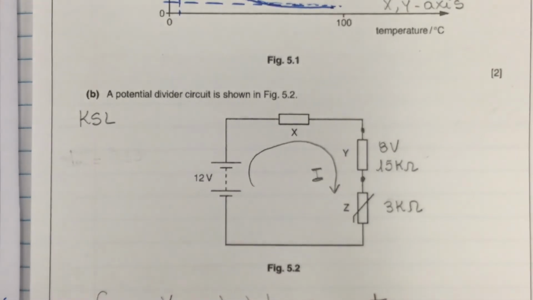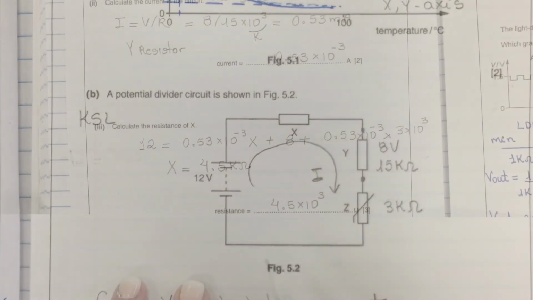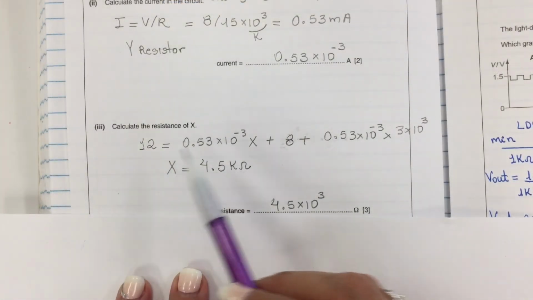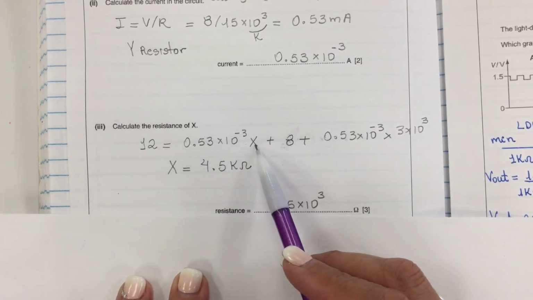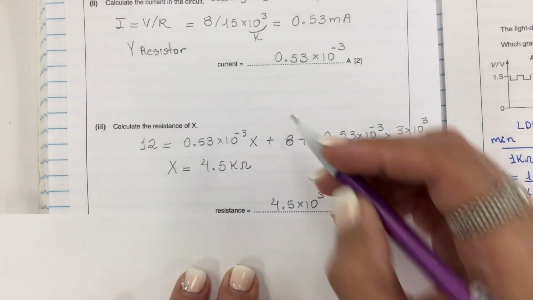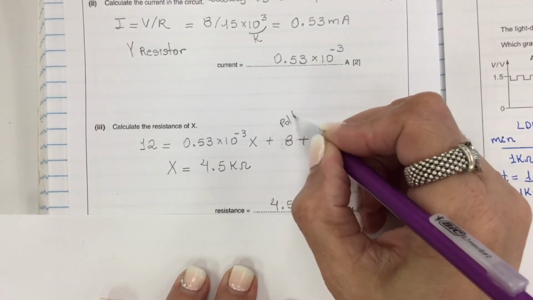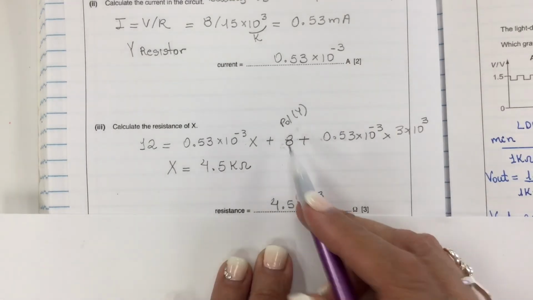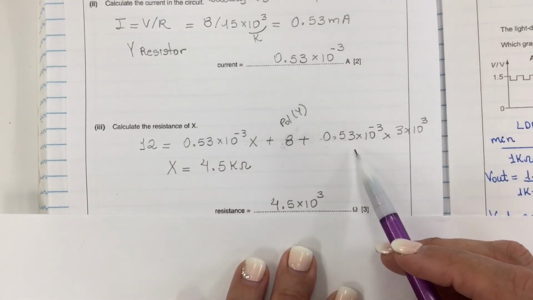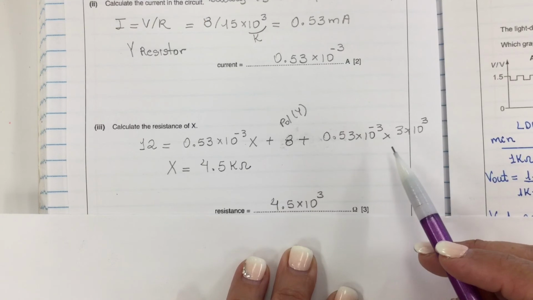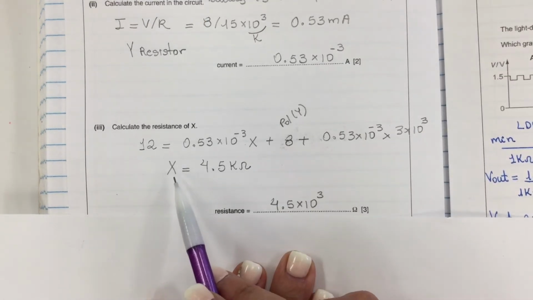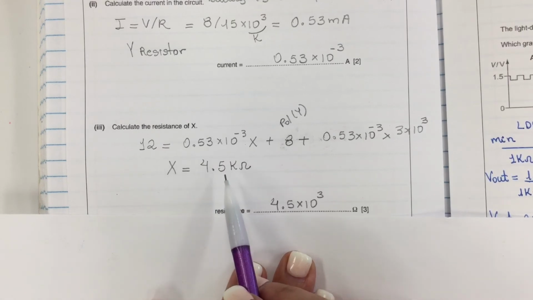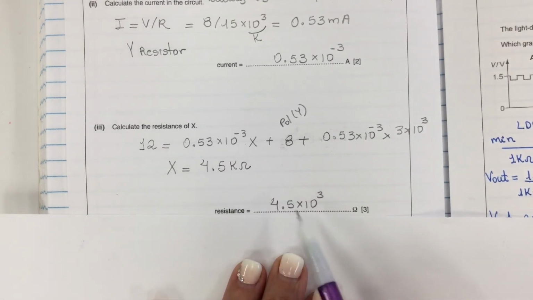So we can use Kirchhoff's second law and calculate the value of X. So here 12 is equal to the current times X, plus, I already have the PD on Y, which is 8, plus the current flowing through the thermistor times the value of the thermistor. So the value of X is 4.5 kilo ohms, or 4.5 times 10 to the third ohm.